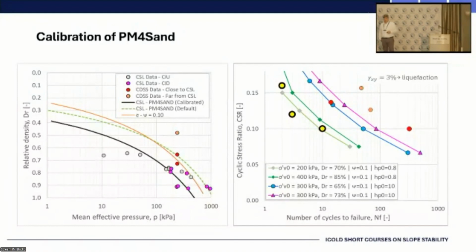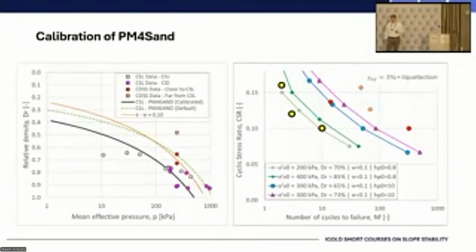But back to our study, look at the orange and the red circles in the right-hand figure to see the calibration of PM4 Sand for the seismic analysis, and look at the critical state line that is default in PM4 Sand, the green dashed curve.